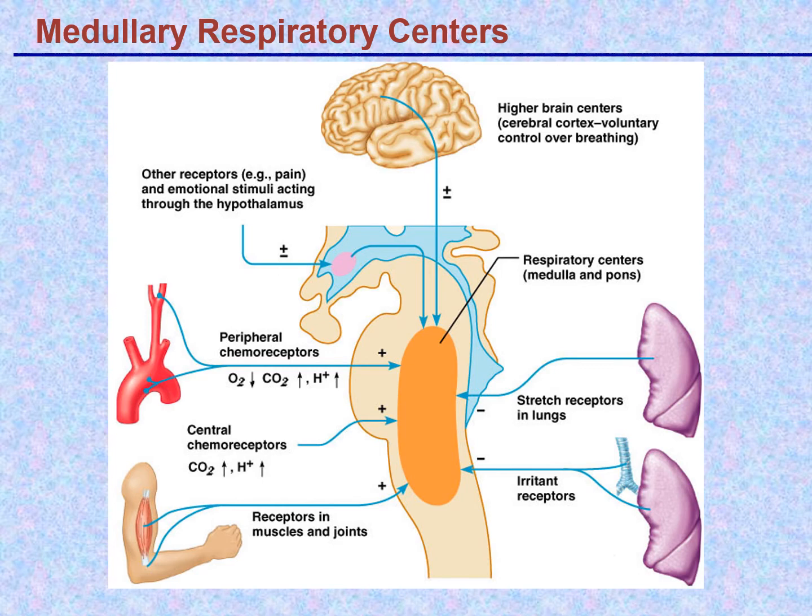The kind of signals that are coming in include signals from the lungs. There are stretch receptors, for example, in the lungs. If you overstretch by breathing in too deeply, you will send some negative signals, so that to reduce the depth of breathing if it's getting too stretched.